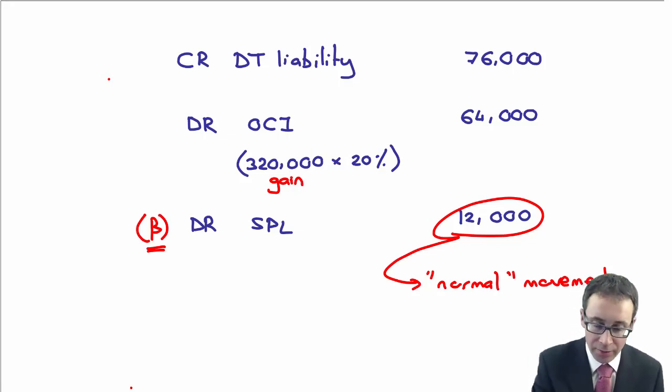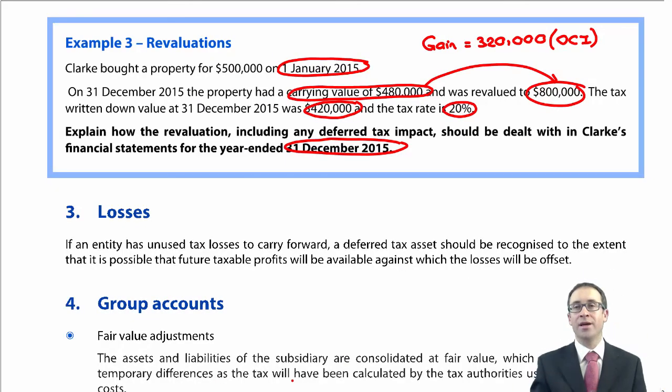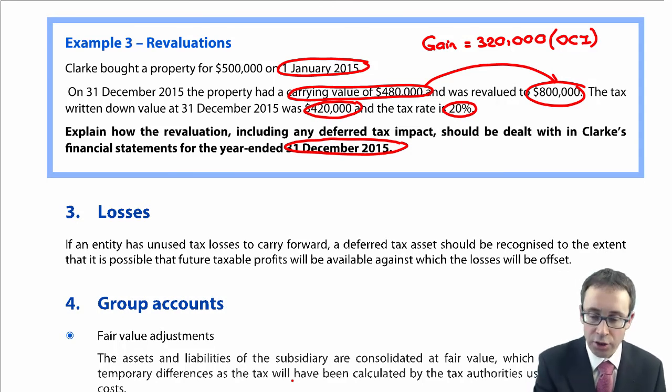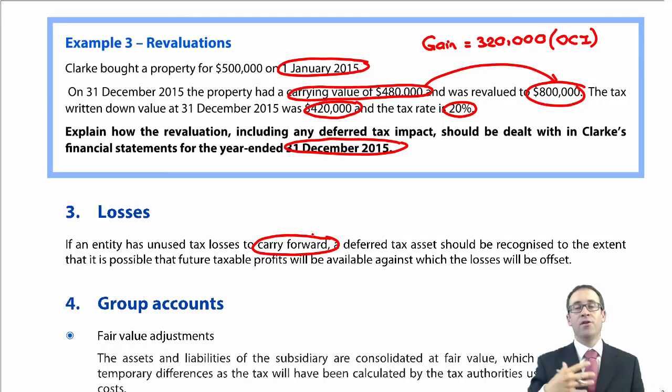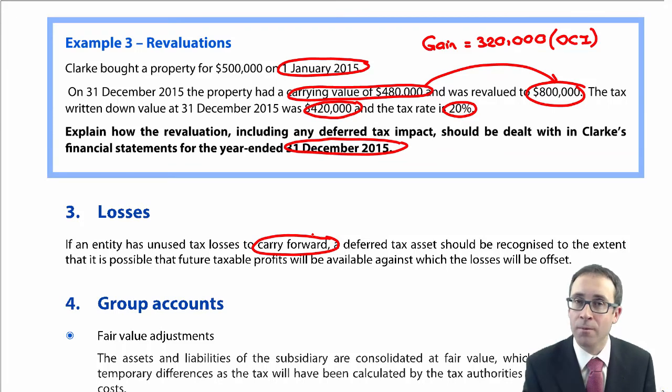The last little bit that I'll do on this video, because I will go through and talk about groups separately, I'm still keeping it in the individual accounts here first, is looking at losses. Okay, if you have losses, the assumption is that those losses are going to be carried forward. If you are going to carry forward those losses, you can utilize them against future profits, which will reduce your future profits for tax purposes, and therefore you will pay less tax, won't we?